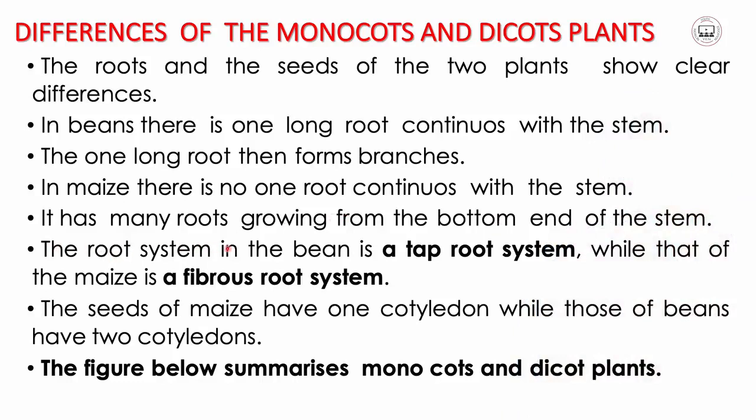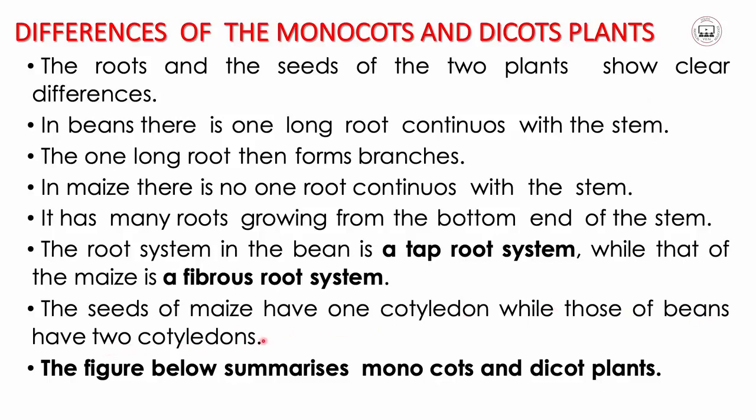So the root system in the bean is a taproot system, and that of the maize is the fibrous root system. The taproot system is accompanied with the dicotyledonous plants, and the fibrous root system is accompanied by the monocotyledonous plants.